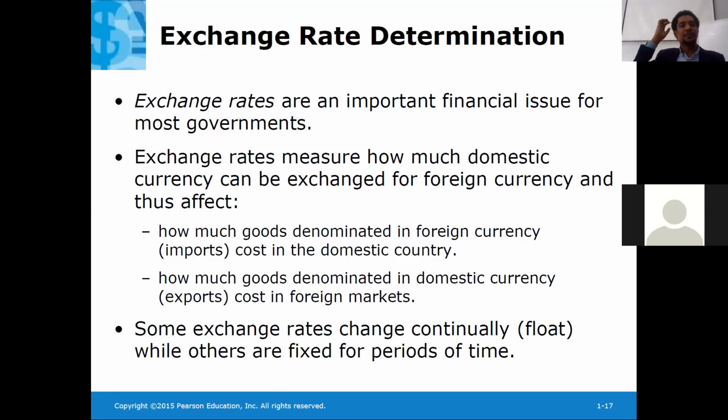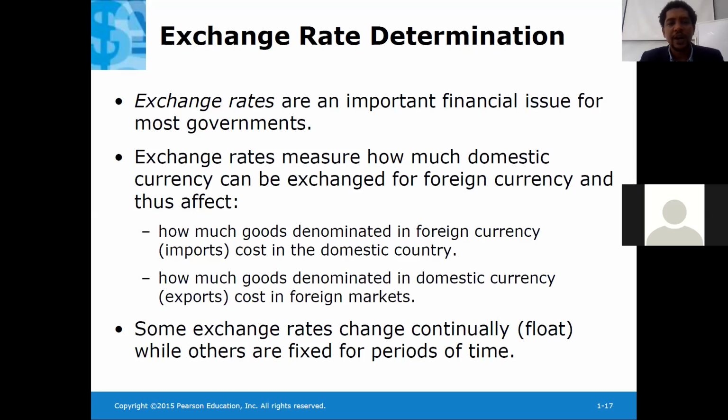Okay, so exchange rates are an important financial issue for most governments. So determining exchange rate is very important, and having a good exchange rate determination system is very vital for the economy of a country.